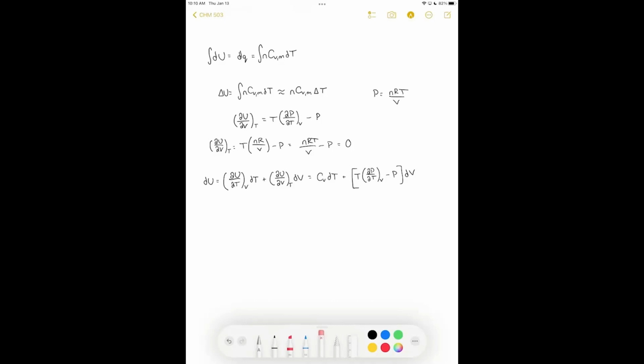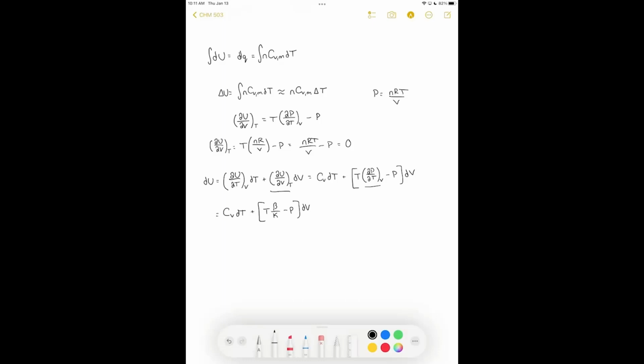It may seem like we've replaced a partial derivative with a second partial derivative. So we started with dU/dV at constant T and ended up with dP/dT at constant V, which might not seem any easier. But remember, we can relate our dP/dT at constant V to our volumetric thermal expansion coefficient and our isothermal compressibility. So we can also say that dU is equal to Cv dT plus T times beta over kappa, these constants that we can look up for any gas, minus the pressure times dV. So it is a little bit easier to consider in this way for real gases.